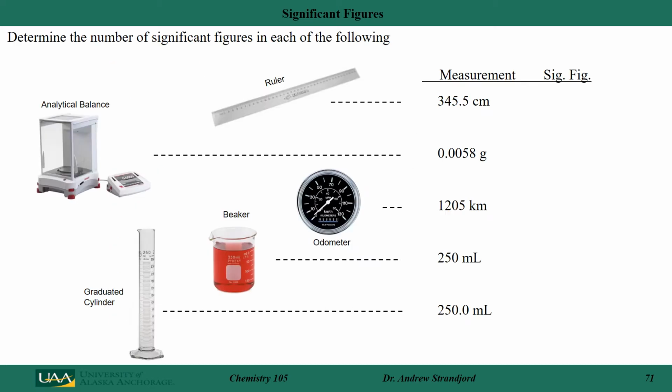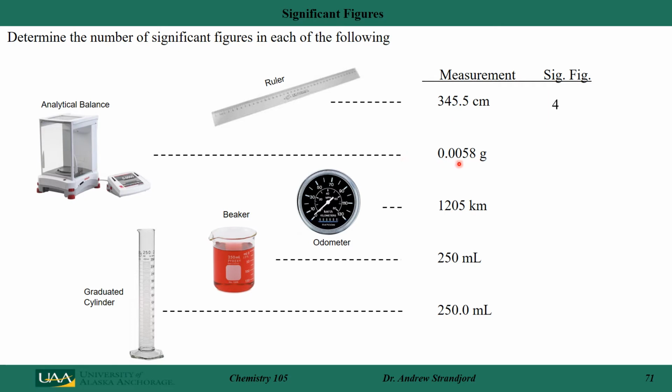Let's do another exercise where I look at significant figures, and I'm actually going to correlate them with the tool used to make that measurement. So in this first case, I used a ruler, and I actually reported a value of 345.5 centimeters. In this case, this last digit here is my uncertainty, so I have 4 significant figures.